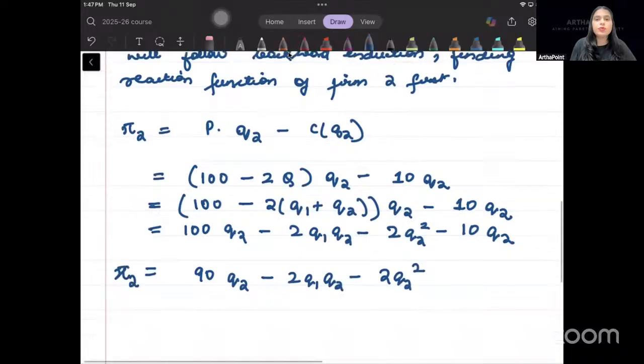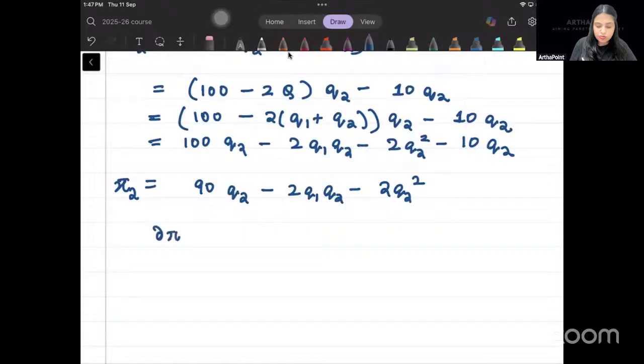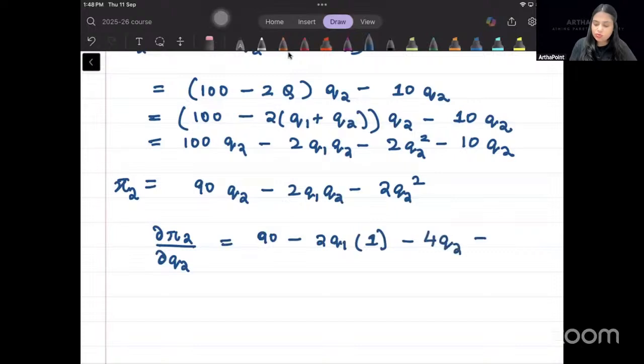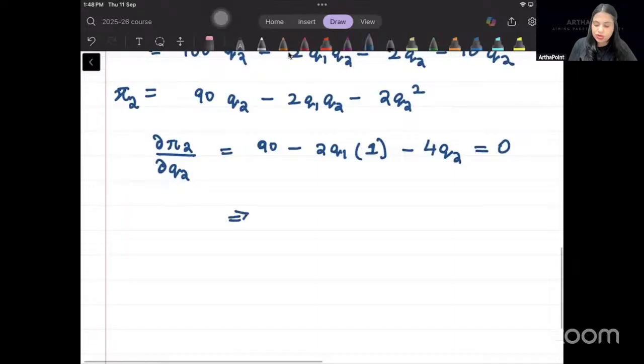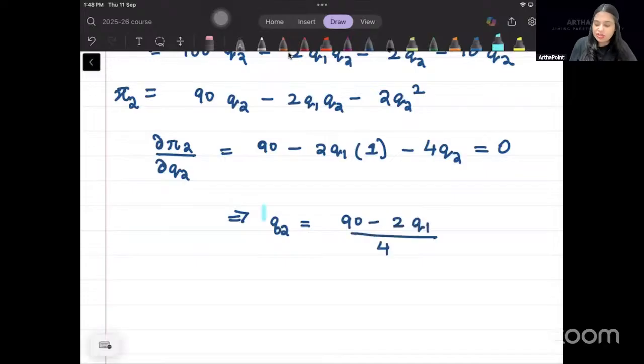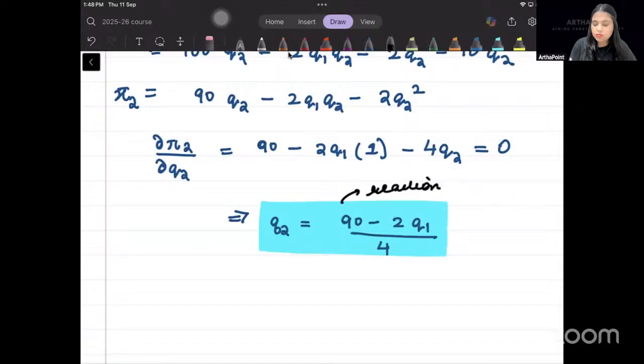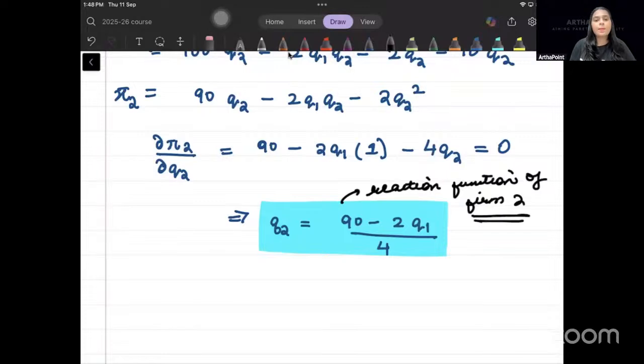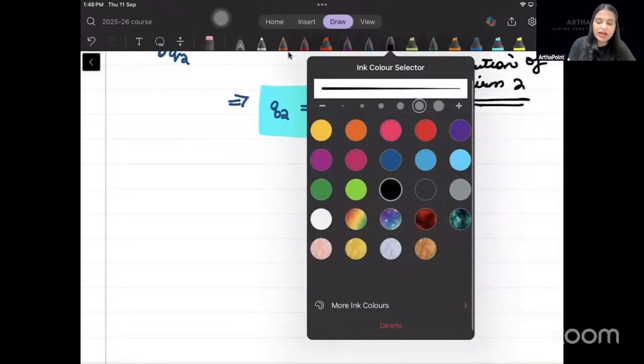This is the profit function of firm 2. We want to maximize this, so differentiate it with respect to Q2. So this becomes 90 minus 2 Q1 minus 4 Q2 equal to 0. And from here we'll get Q2 equal to (90 minus 2 Q1) by 4. So this is the reaction function of firm 2. If you want to score more marks, it is a good idea to write this reaction function properly.